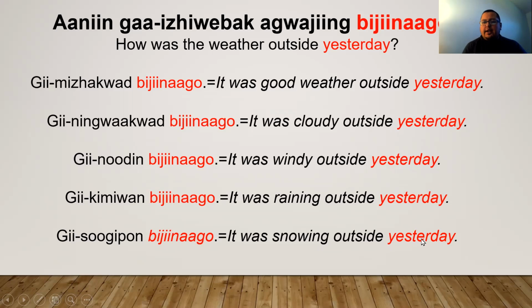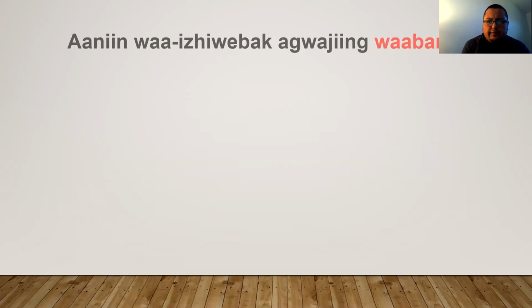It was snowing outside yesterday. So just keep in mind those consonant changes here. G to K, Z to S. I think it's ZH to SH. B to P. The consonant B changes to P in some cases. We'll go over that list too in our future lessons.